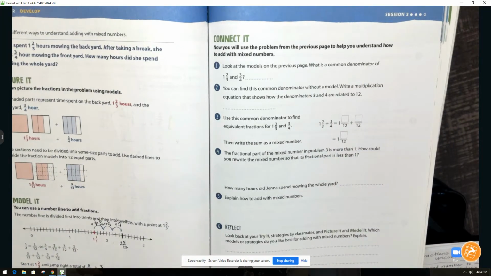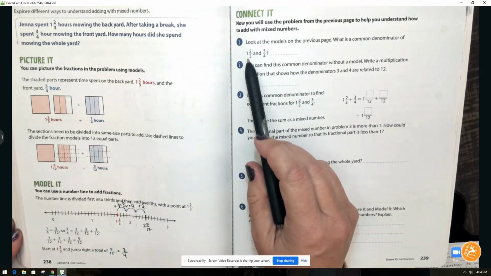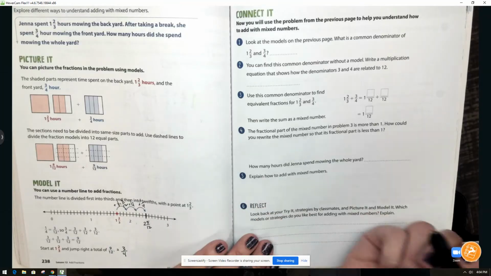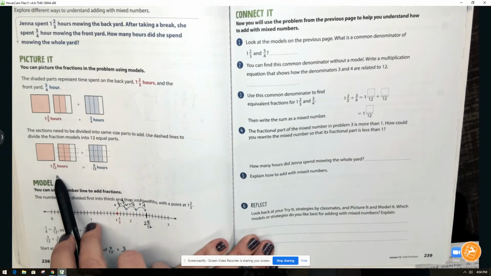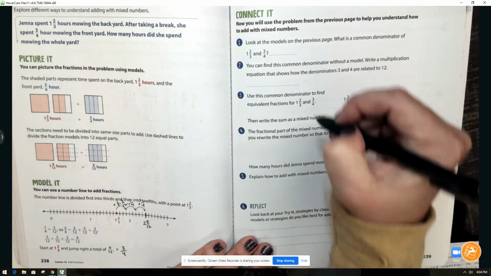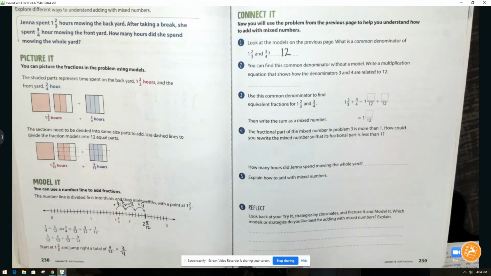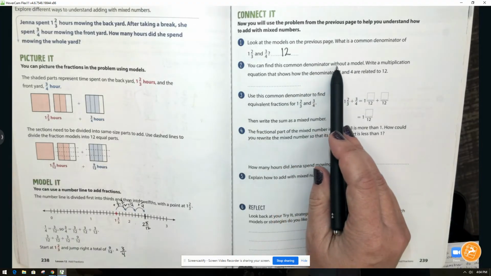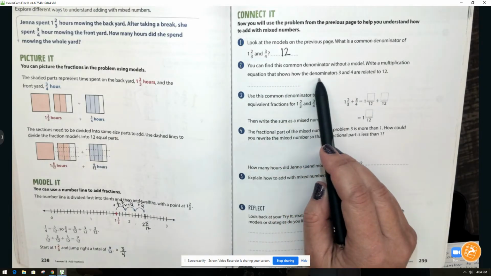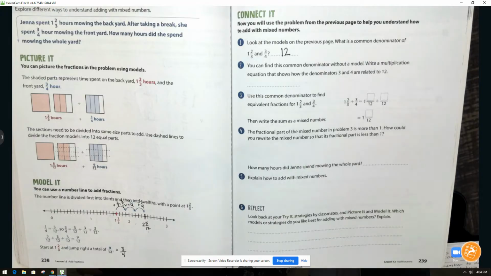All right, let's go ahead and move over to connect it. It says, look at the models on the previous page. What is a common denominator of 1 2/3 and 1 3/4? And as we worked below, in the picture it, the model it, and the example we did as a class, we saw that the common denominator was 12. You can find this common denominator without a model. Write a multiplication equation that shows how the denominators of 3 and 4 are related to 12.